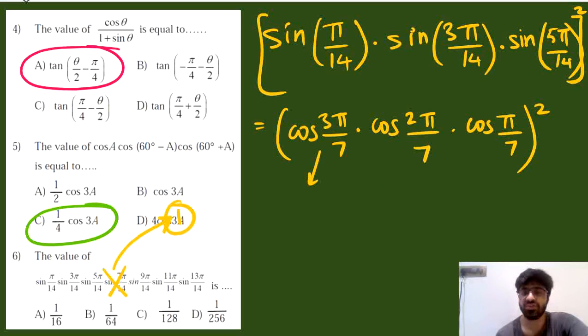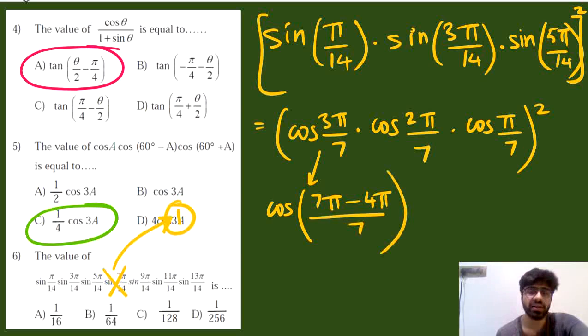We can actually make it 4 pi upon 7 because we can think of it as 7 pi minus 4 pi the whole upon 7. So I can write it now as 7 pi upon 7 minus 4 pi upon 7. That is pi minus 4 pi upon 7. Cos of 180 minus theta is minus of cos theta.